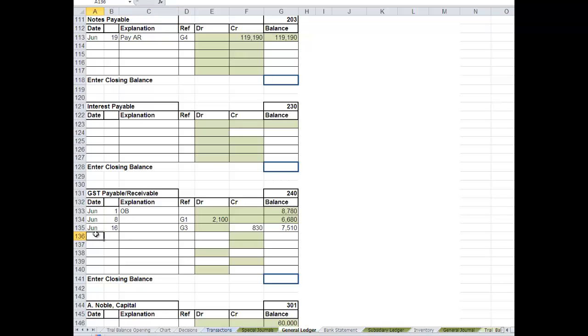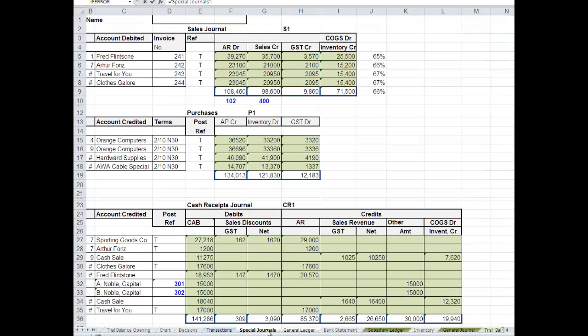So we go June 30, and this is S1 in the amount. Again, the quickest way to do this would be to just write the amounts in if you've got your book there with you.